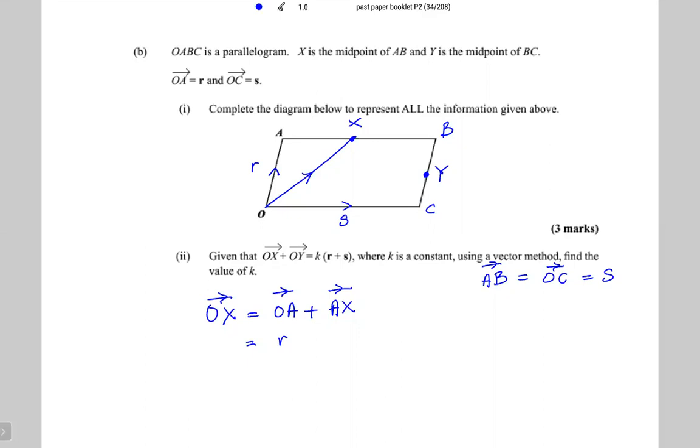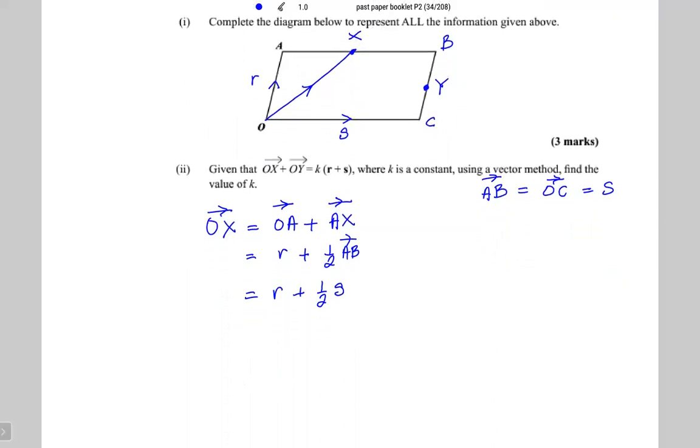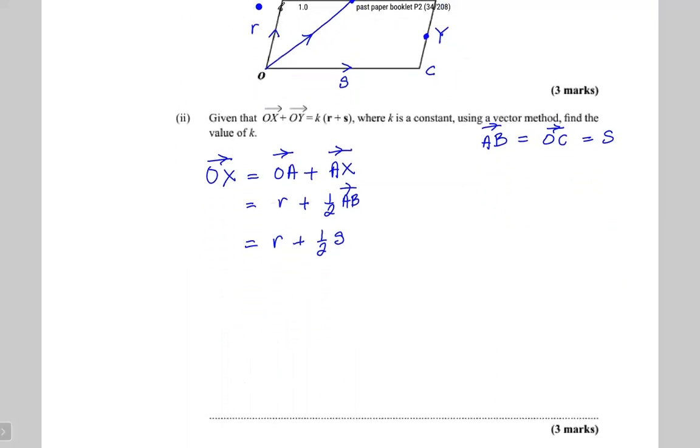Now, AX is equal to a half of AB. So this is equal to R plus 1/2 of S. All right, that is what OX is equal to. Now let's get OY.